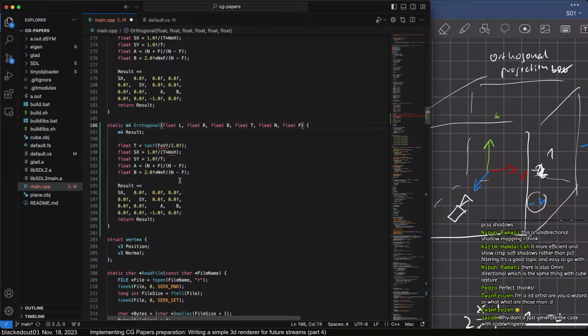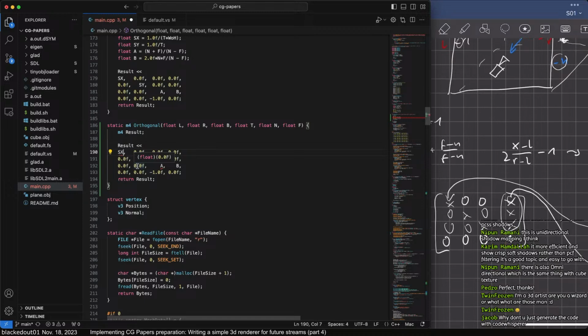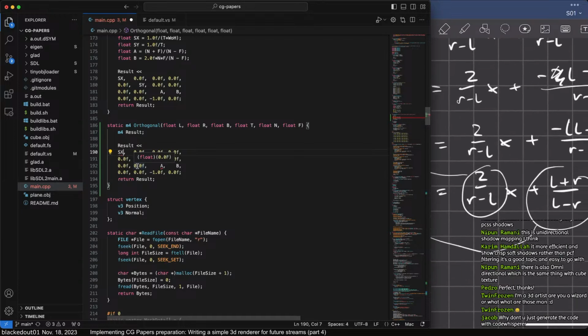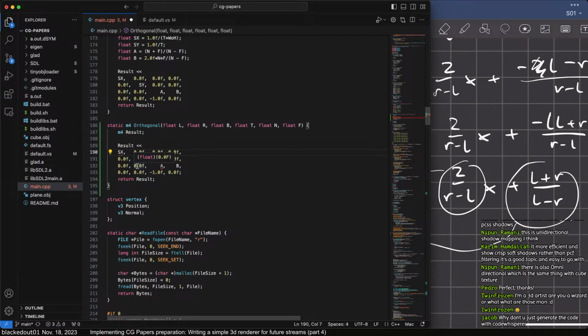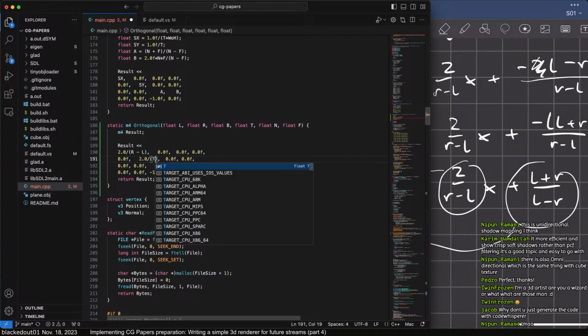And yeah, so now we don't need this because that's from the perspective projection. We just need to implement these values here. So for the x and y, the scaling factor is just 2 divided by the difference of the edge values. So the same for the y. In this case, it's top minus bottom.